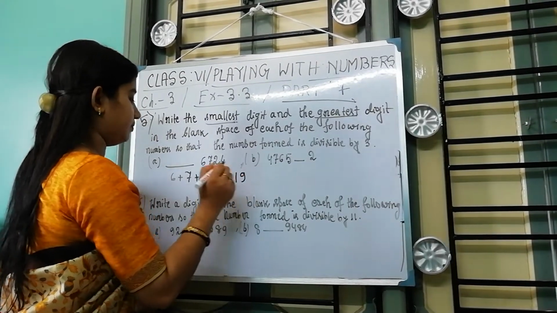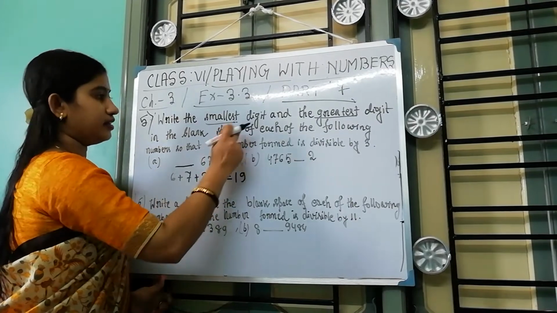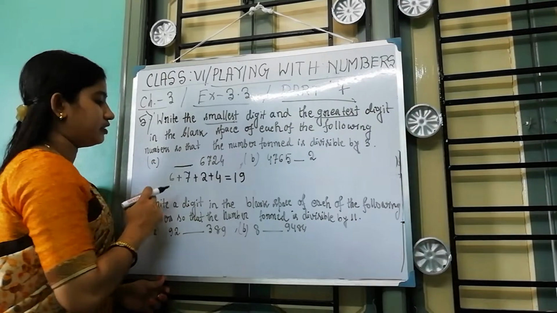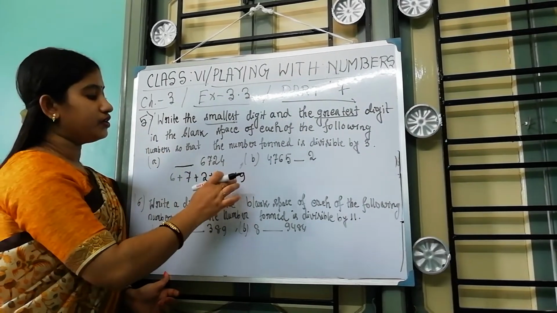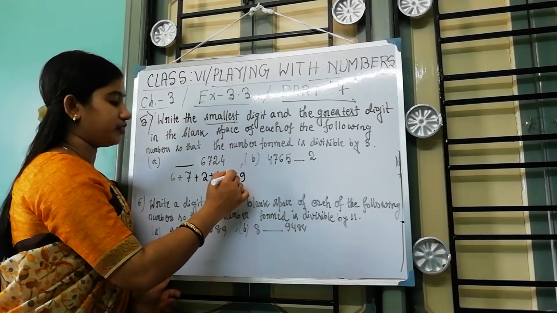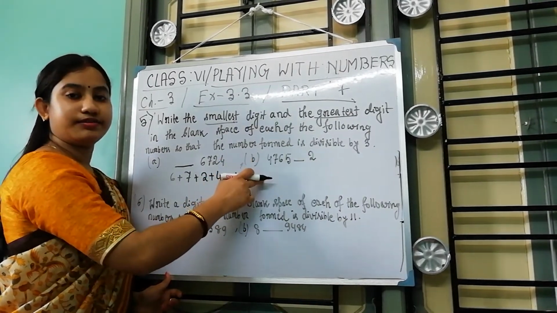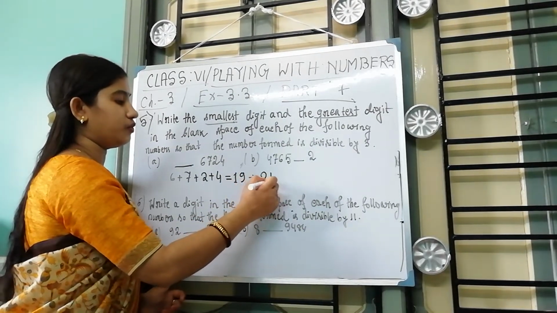This is 19. Now we put a digit in the place, first the smallest digit and next the greatest digit. The number nearest to 19 and greater than 19 that is divisible by 3 is 21.